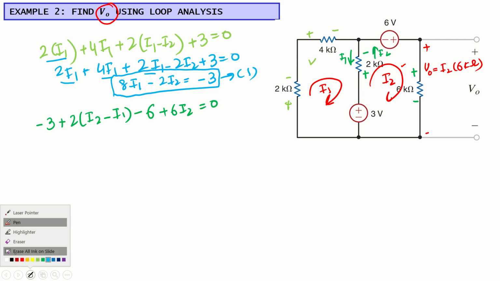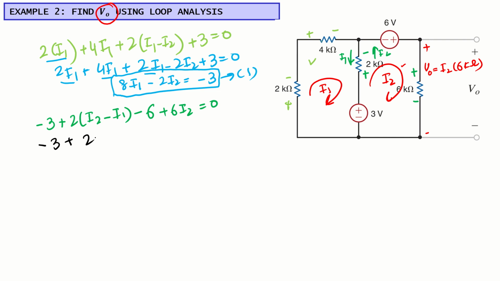Now let's do the same here. We have minus 3 plus 2 times I2 multiplied by 2 times I1, minus 6 plus 6 I2 is equal to 0. Let's combine again.